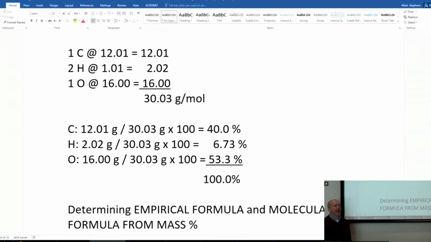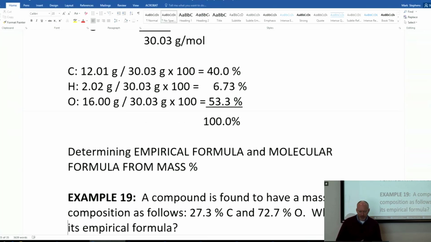Now, we also calculated empirical formula from lab. We did that with our magnesium oxide example. So we would have determined the empirical formula and molecular formula from mass percentages. All right? So here we go. A compound is found to have a mass percent composition as follows. It's 27.3% carbon and 72.7% oxygen. Let's find this empirical formula.